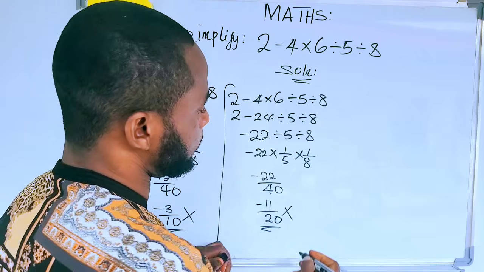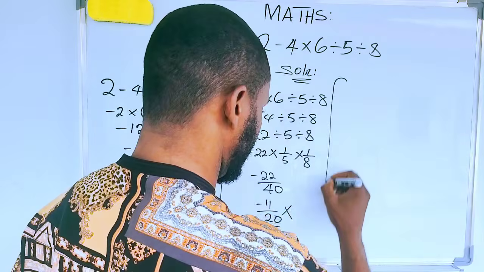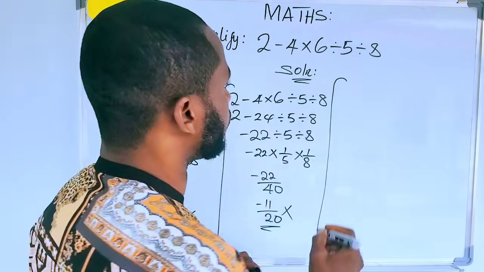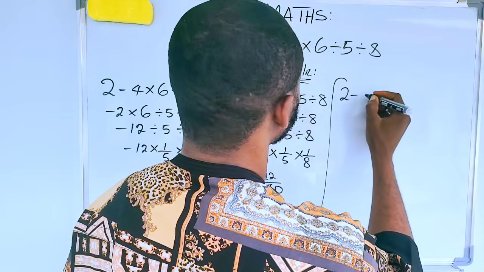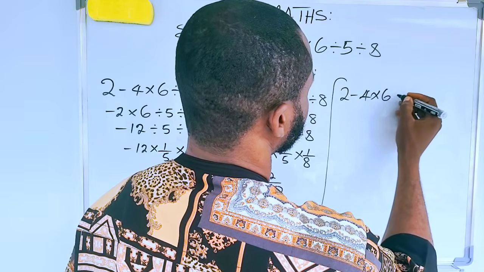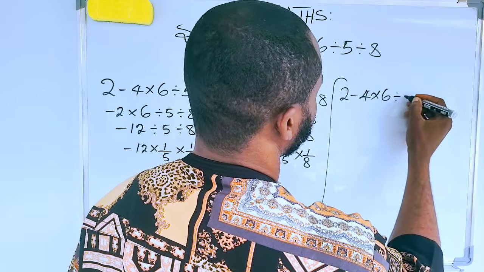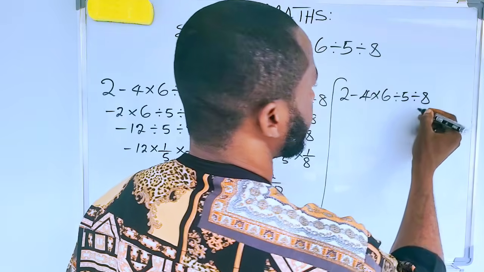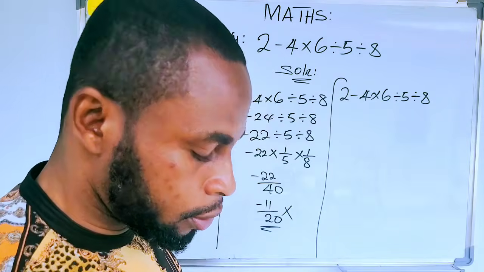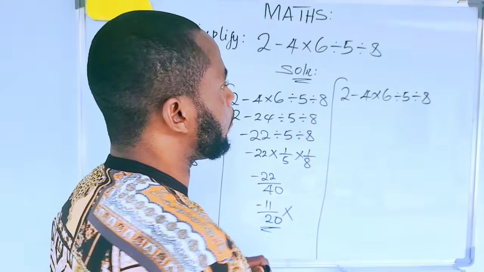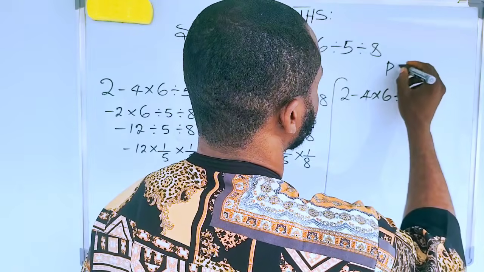Now, to solve this correctly, we are going to have this. We have 2 minus 4 multiplied by 6 divided by 5 divided by 8. At this point, we are going to apply PEMDAS here.